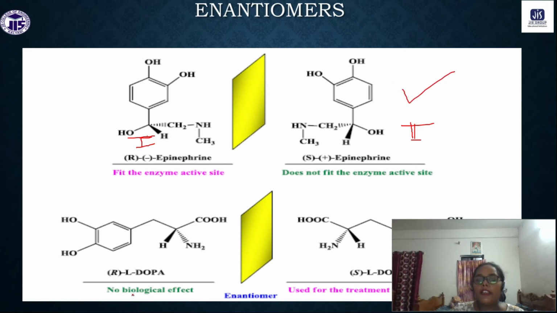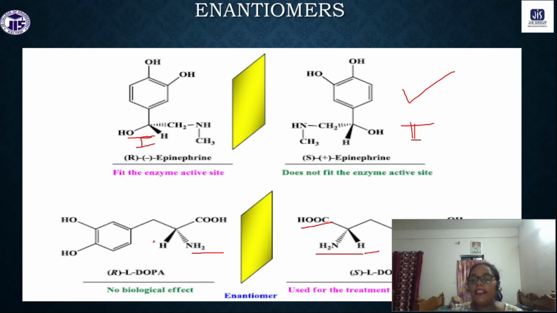Here also we have L-DOPA, R-L-DOPA or S-L-DOPA. Now what will happen if we see the mirror image of this molecule? The bulkier COOH group comes here, right? The NH2 group comes here, and hydrogen will be here, and the phenyl group will be here.